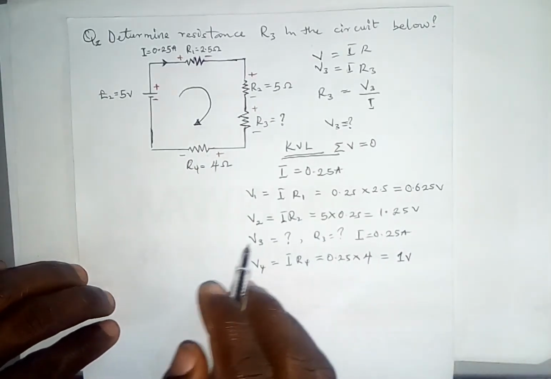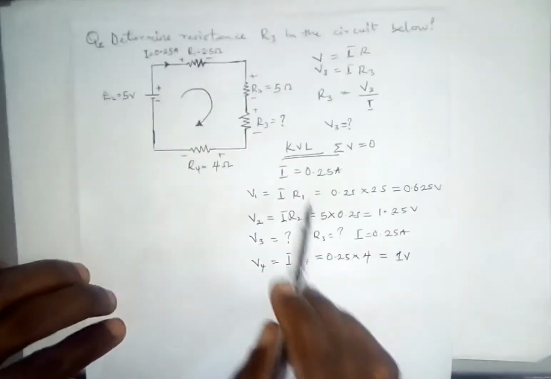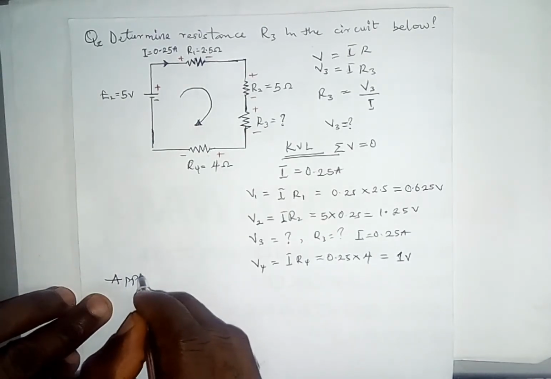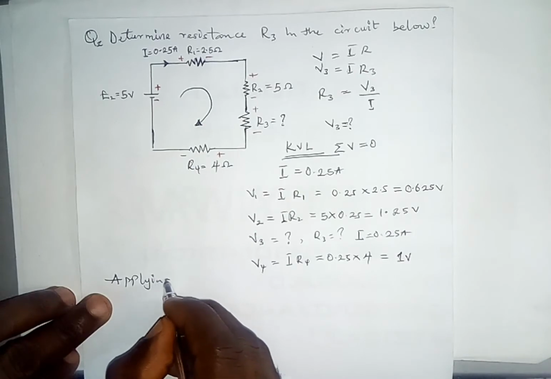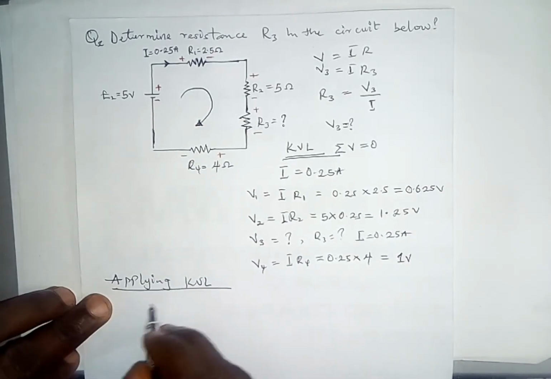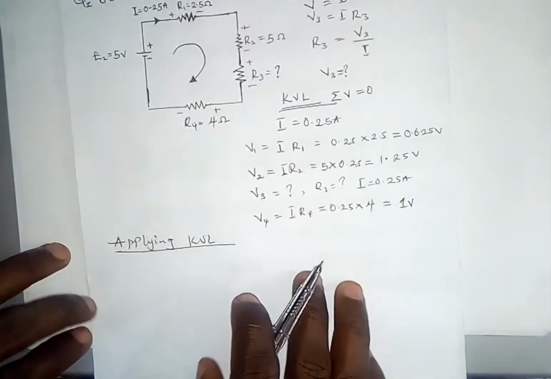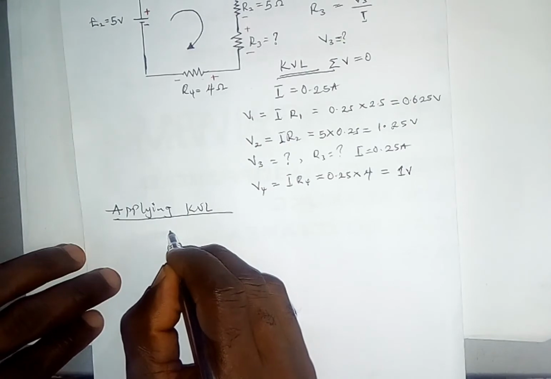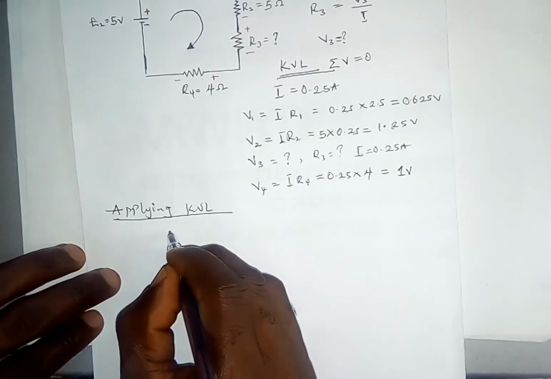Now to get our V3, we are going to apply KVL. Applying KVL now, we're going to have V1.